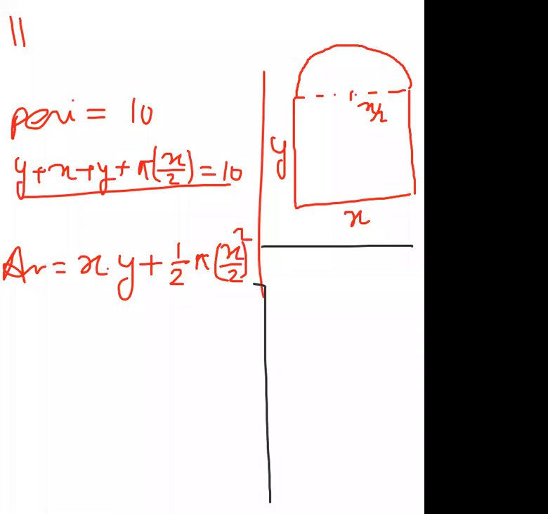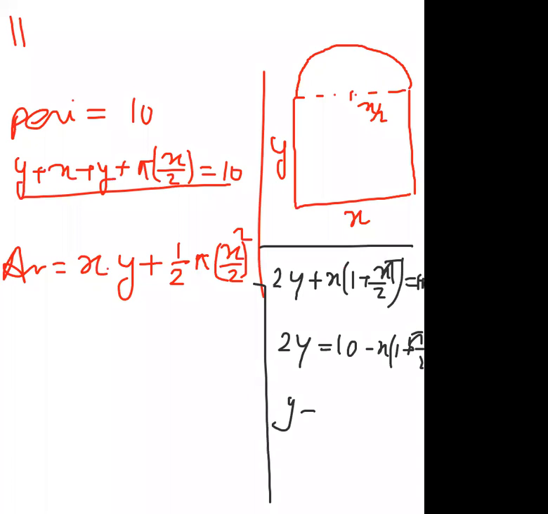So it will be 2y plus x times 1 plus pi by 2 equals 10. So 2y will be equal to 10 minus x times 1 plus pi by 2. Y will be equal to half of this: 5 minus x by 2 times 1 plus pi by 2.